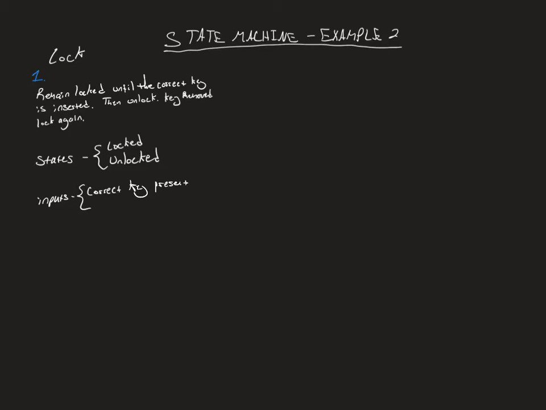Outputs. We didn't actually define any outputs in our plain English description, right? But what we did say was we want to unlock and lock. So actually that does require some sort of interface with the outside world. If the correct key is present, we should open the shackle.